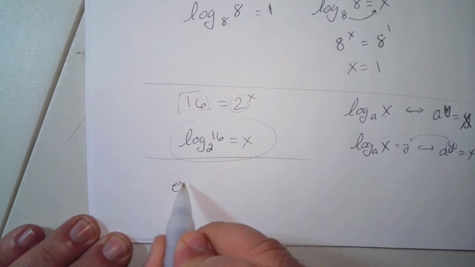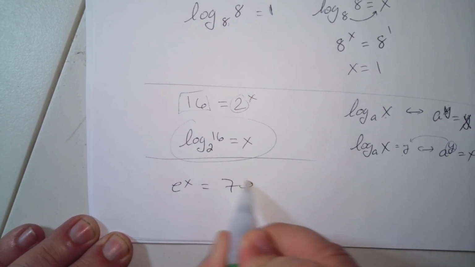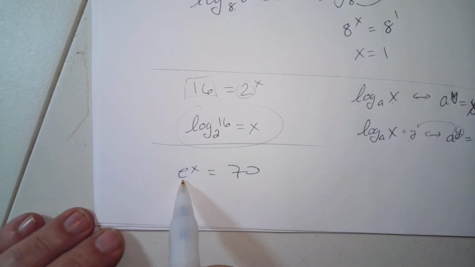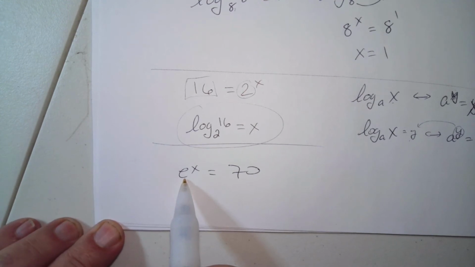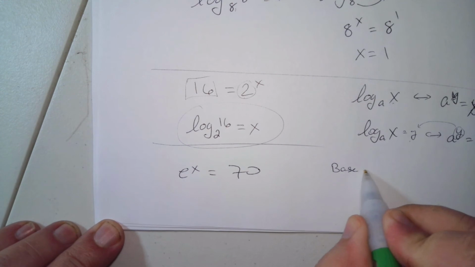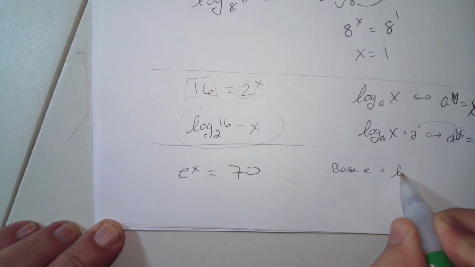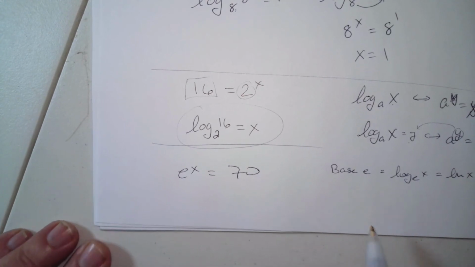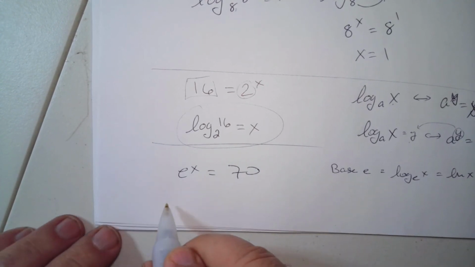How would you write this one? Remember, the base is e. That's log base e. That's ln. So we're going to use an ln function.